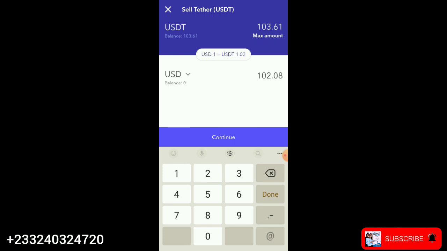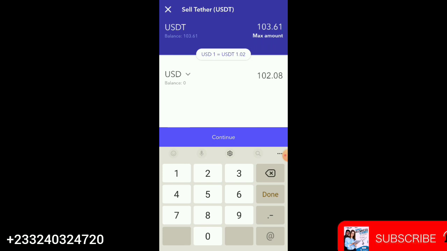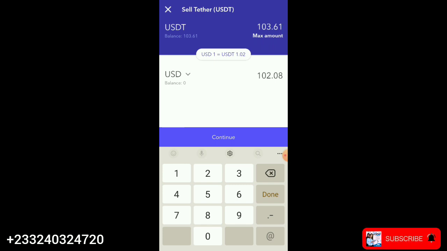Right now on Binance, the rate is 12.24 for one USDT. So when you send it over here and exchange it, you get some profit from it.